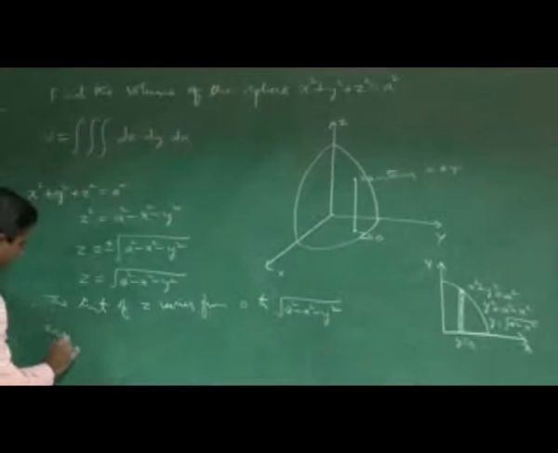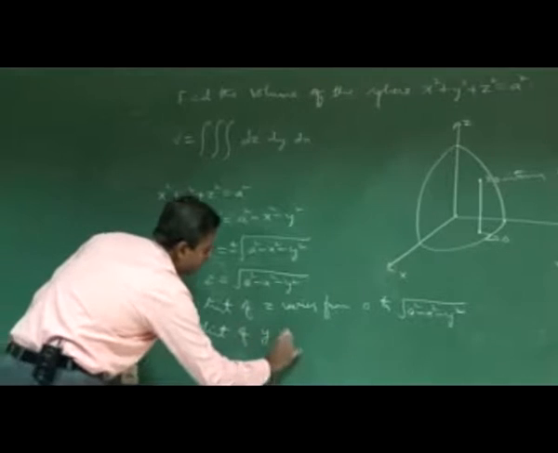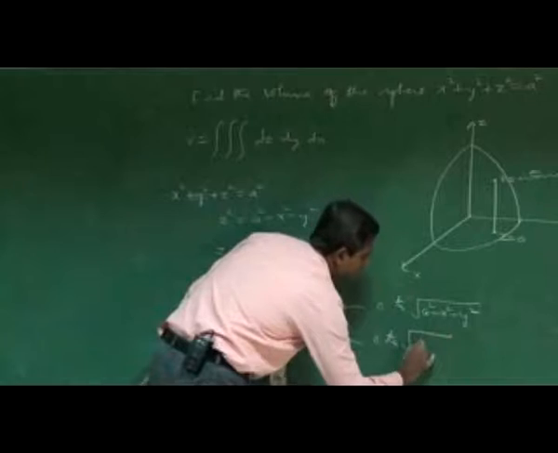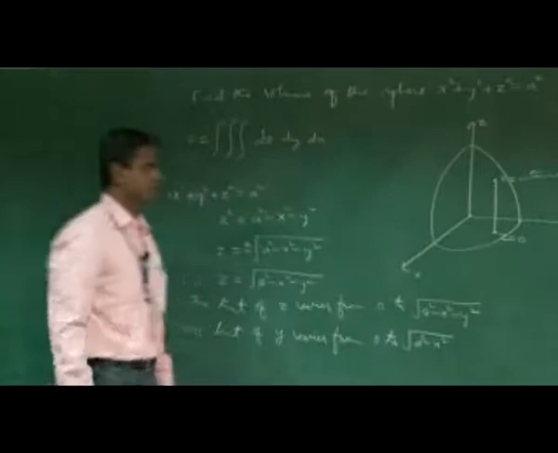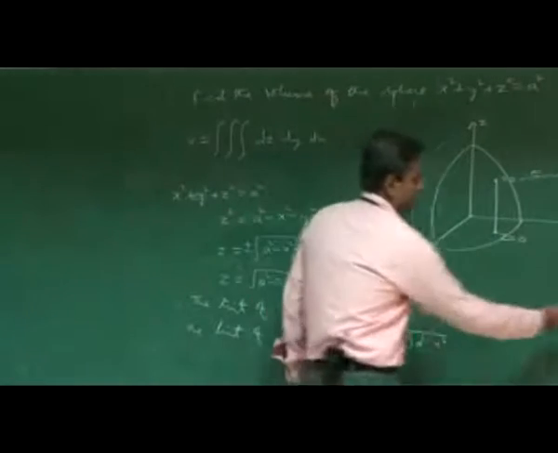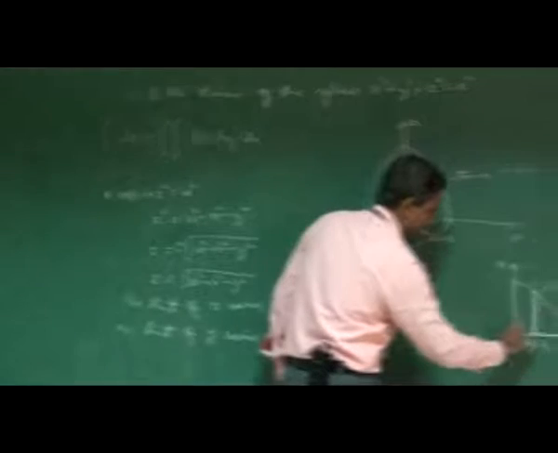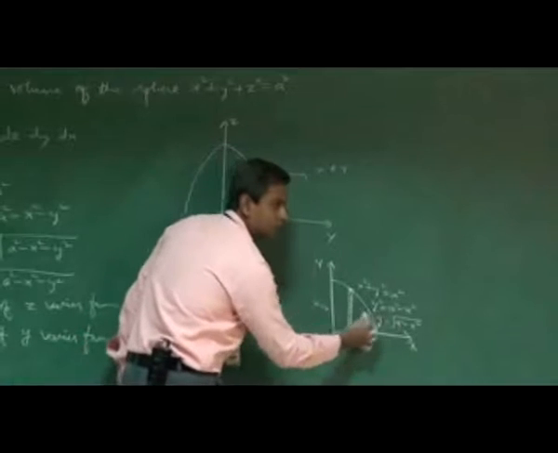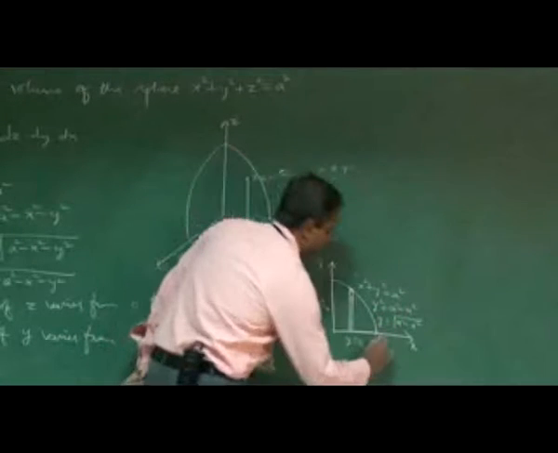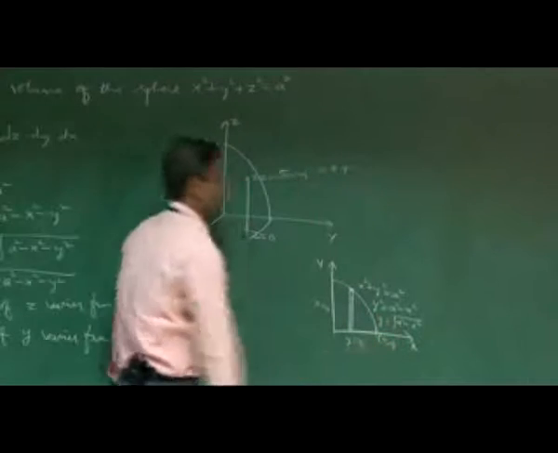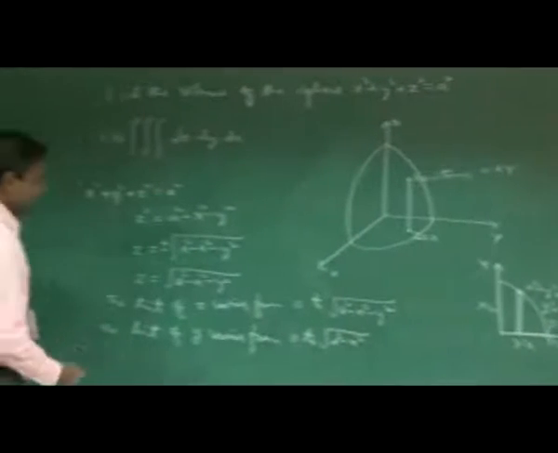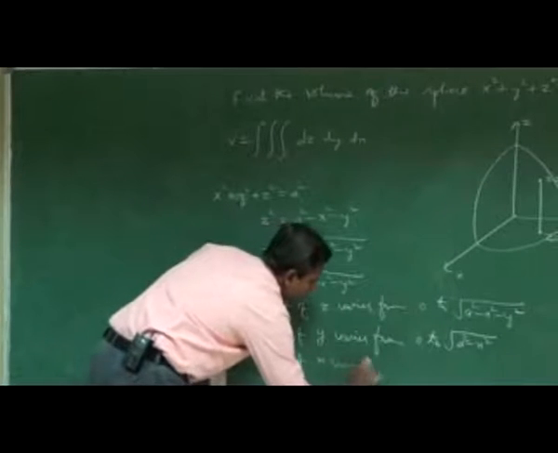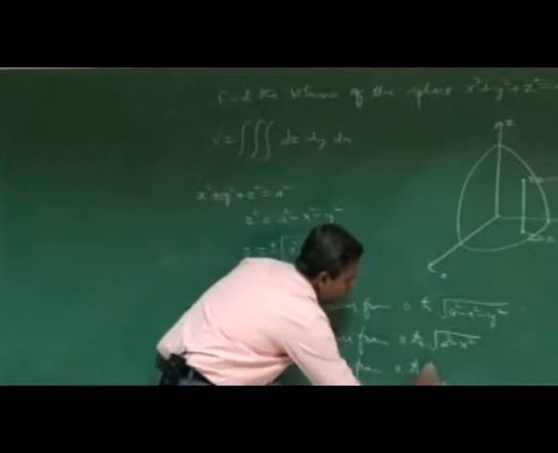So y varies from 0 to square root of a squared minus x squared, and we sweep the small strip from left to right, starting on the y axis where x equals 0, and moving in the right hand direction. So x varies from 0 to a.